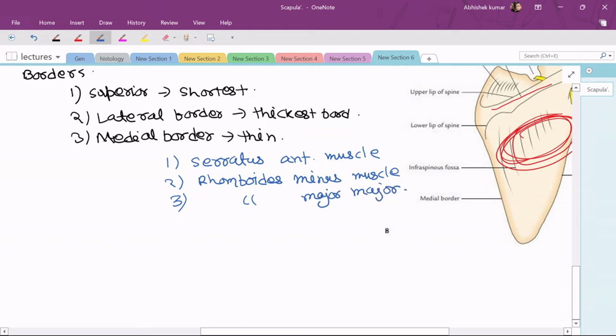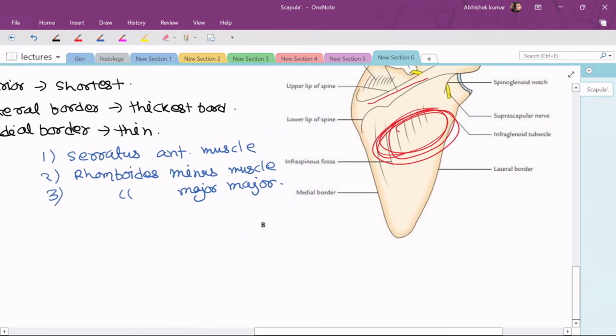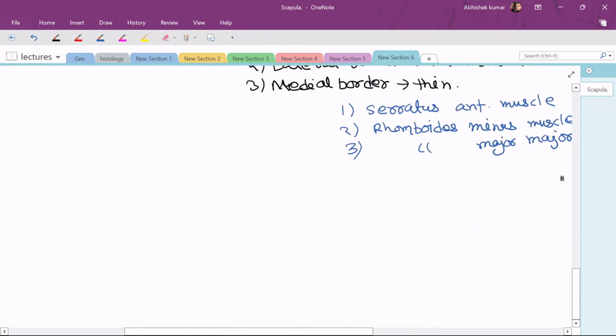Just remember the names for now. All these are in the dorsal aspect. None of these are costal surface attachments, right?